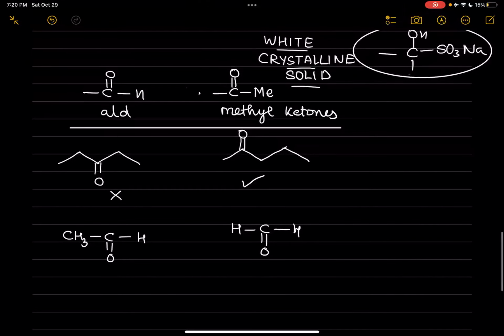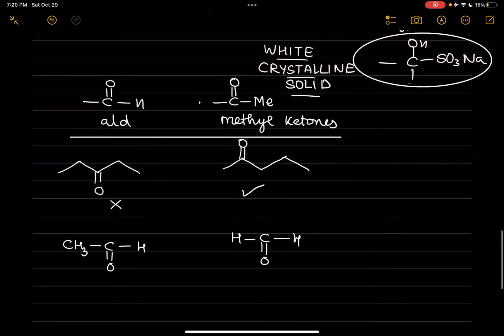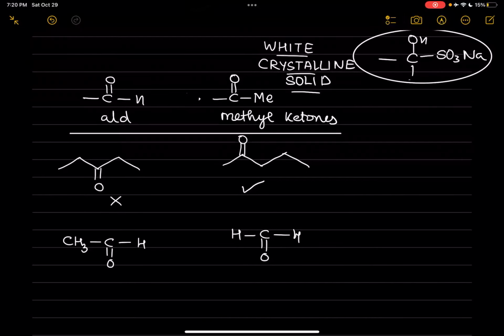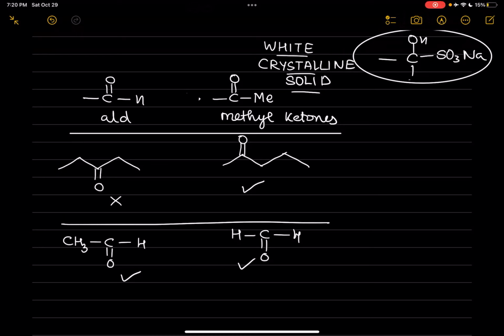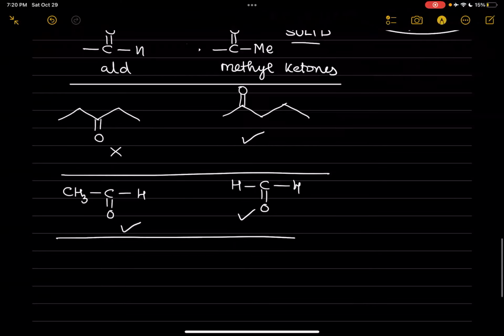So you are not going to use this for separation, because the reaction will be faster in formaldehyde, but both will react more or less. If you have both together, you can't get one product separated out of the other, because both will ultimately form the precipitate. So this reagent cannot be used to distinguish between these two, because both of them form the precipitate.